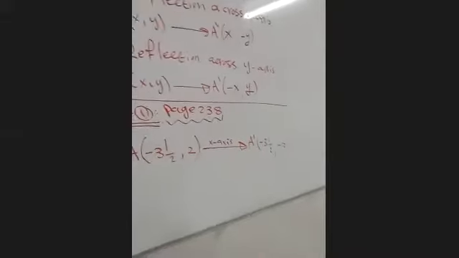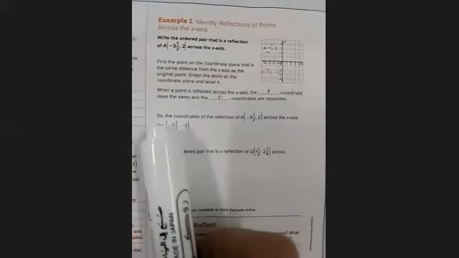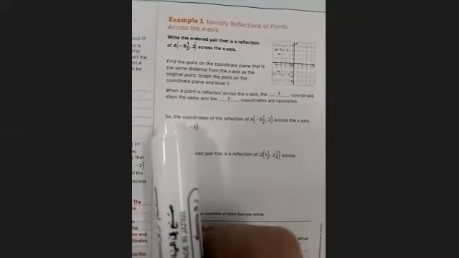If you go to the book, guys, to the example, look here, we have solutions. Go on, Ammar. Read. So the coordinates of the reflection of A, (-3.5, 2) across the x-axis are (-3.5, -2). Look, -3.5 and -2. So we get the solution directly using the formulas quickly.